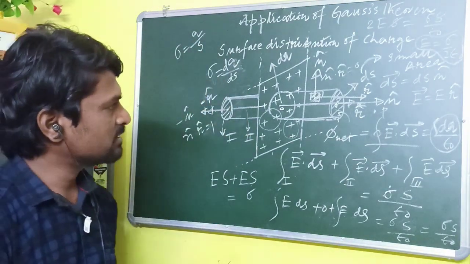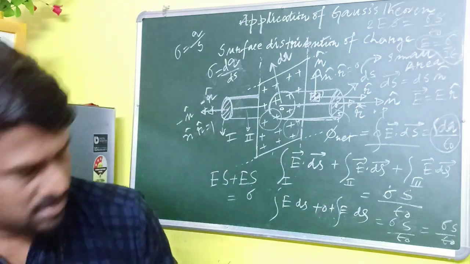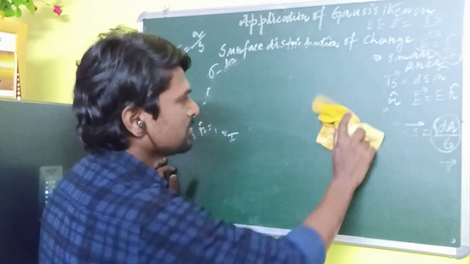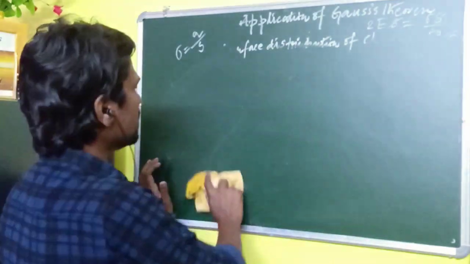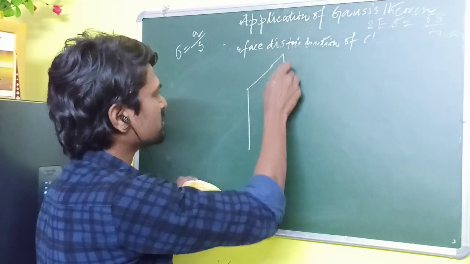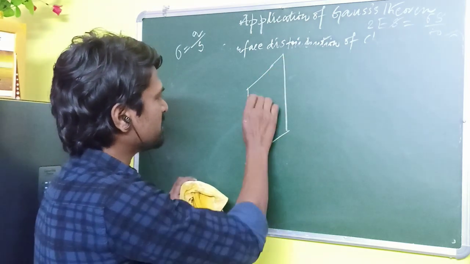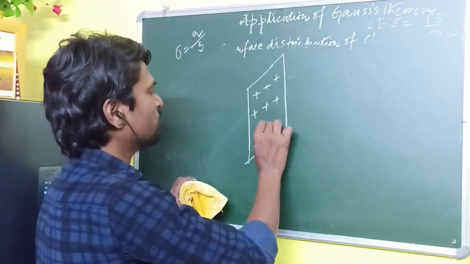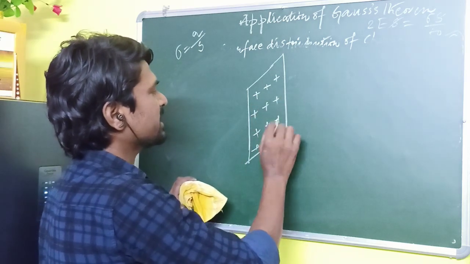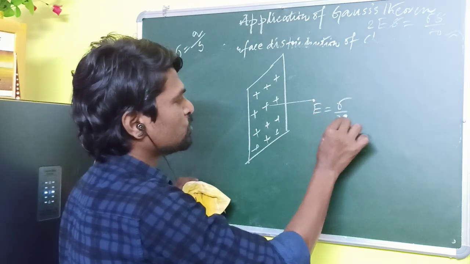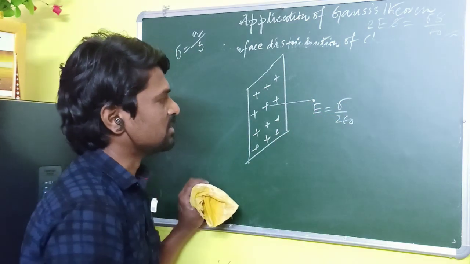Let's take questions. So students, when we consider this particular sheet, which is a surface distribution of charge, and we calculate the electric field at that particular point, then you can write sigma by 2 epsilon naught along this direction.